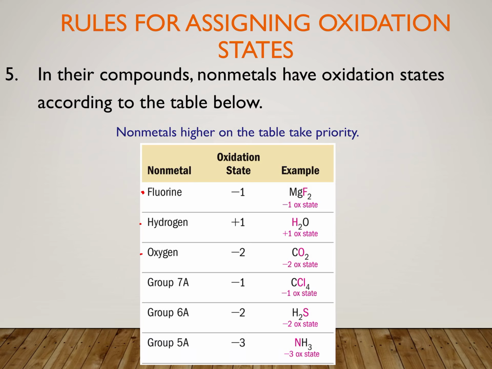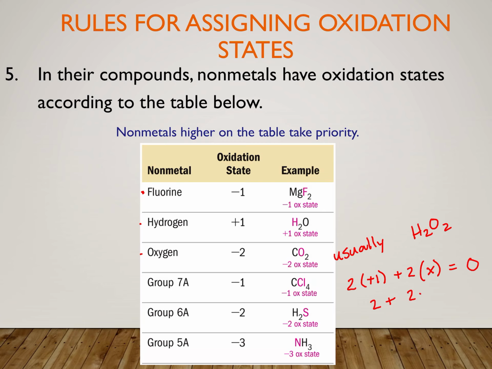Fluorine is always going to have a -1 oxidation state. Hydrogen will always have a +1 oxidation state. Oxygen will usually have a -2 oxidation state. Our only exception is in hydrogen peroxide or other peroxides. Hydrogen has a +1, so if we have 2 +1s, and I'll put oxygen as x here, and this is a neutral compound, it's going to equal 0.